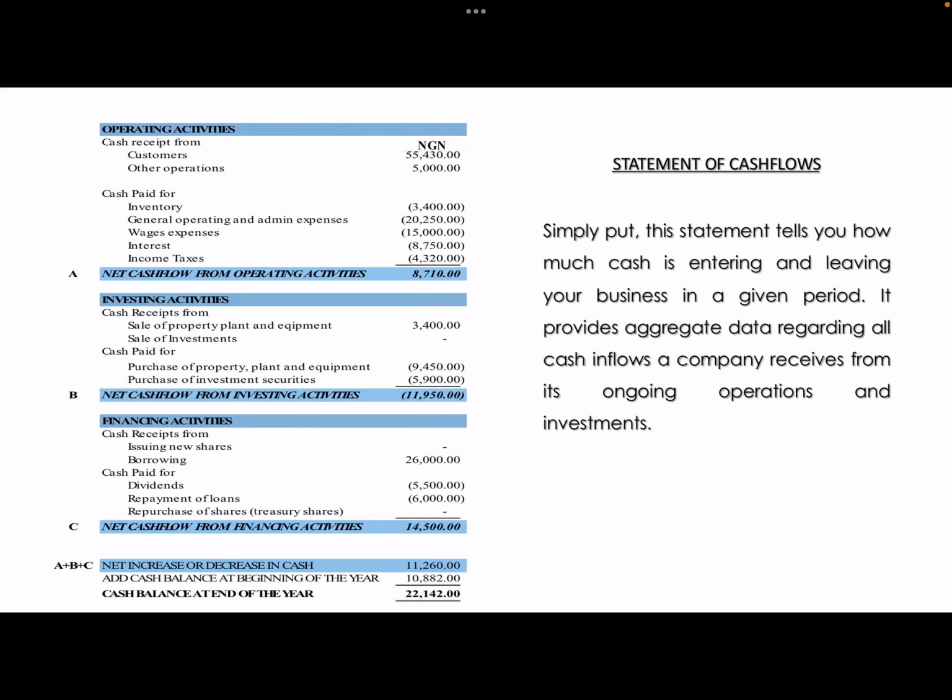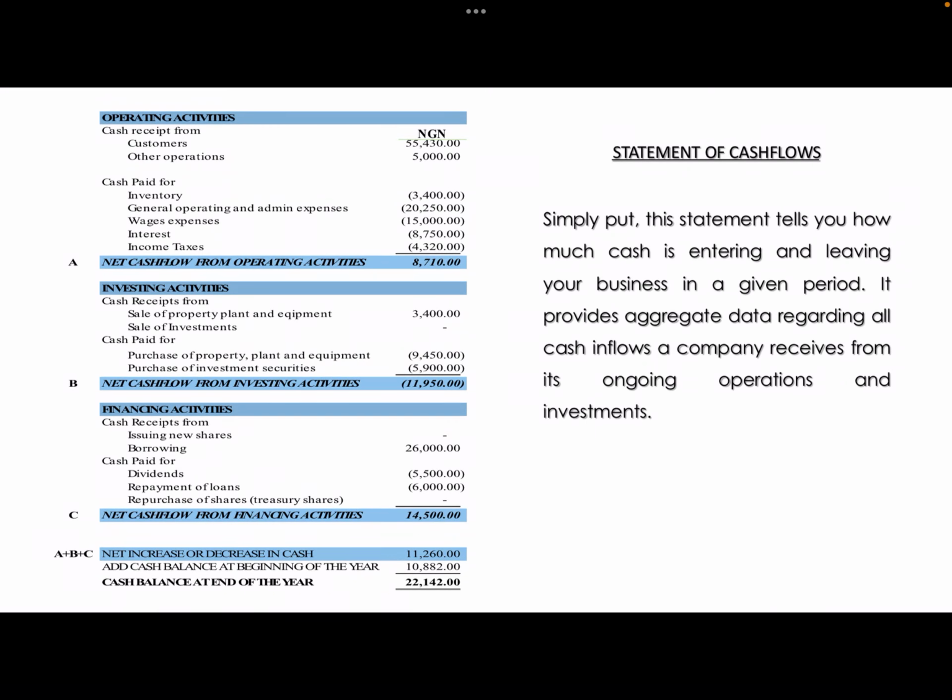Of course, at the beginning of the period, which could be the first day of January 2021 or 2022, depending on the year you're reporting, in this instance the company had 10,882 naira at the beginning of the year, and then after operations for that period, there's a net increase, coming mostly from financing activities, of 11,260, and the final balance, which we show on your balance sheet, is 22,142 naira.